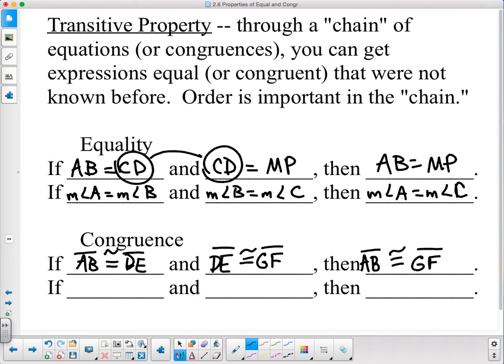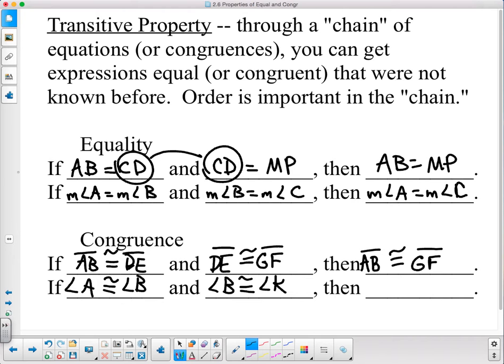Jaden, give me two angles that are congruent. What do you want to call them? Angle A is congruent to angle B. Okay, and Sam, do you know what you could do for the second part? Congruent to angle K, you said?